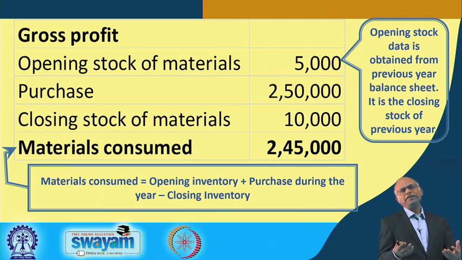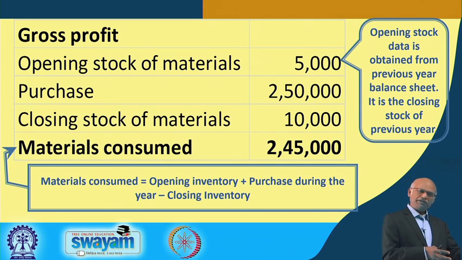That is your opening stock, which was the closing stock on the previous day, because nothing happened after that. On the day of the previous year's closing, you shut the shutter of your shop, and today you are opening on the first day of the year. Nothing happened in between. So, whatever stock you saw when you closed the shop, you see the same stock when you open it. So, the closing stock of the previous year becomes the opening stock of this year.